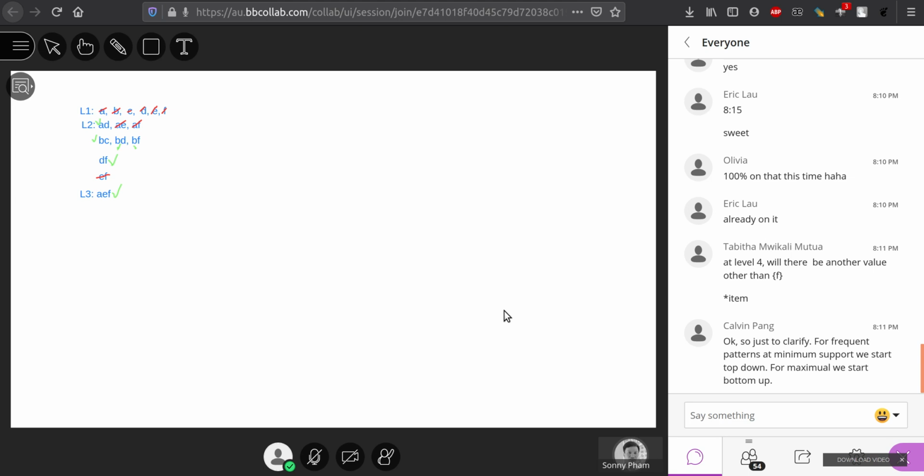For example, you can start from level 1 and look at A, and ask, is it a possible maximal item set? Then you have to check level 2 to see if you have found anything, right? If you cannot find anything at level 2, then maybe you have to go to level 3. Oh yeah, maybe level 2 is enough.